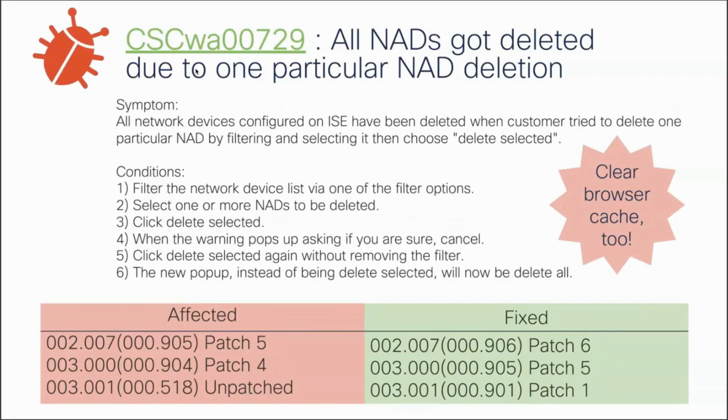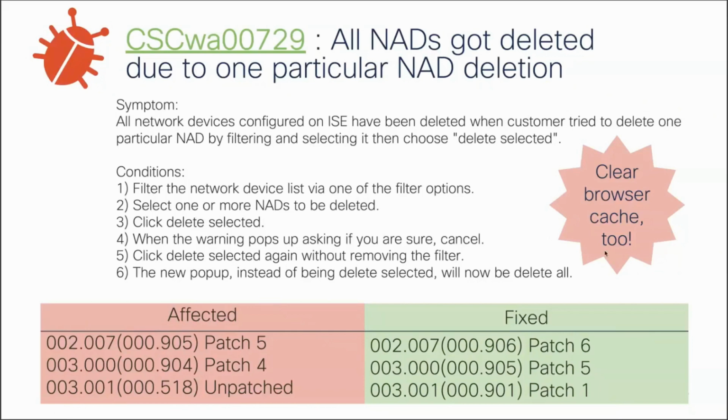It's a JavaScript bug, really nasty. I'm on 3.1 patch 1, so I was able to select and delete, and it didn't affect me. So I always recommend getting the latest patch, guys. And because it's a JavaScript issue, you'll want to clear your browser cache as well.